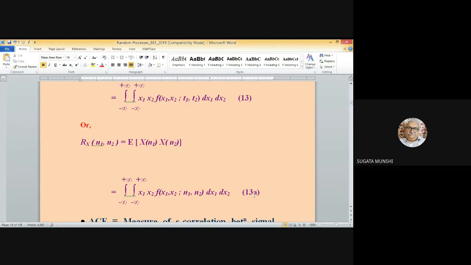So this autocorrelation function gives a measure of the statistical correlation between the random variables representing the random process at the instants T1 and T2.